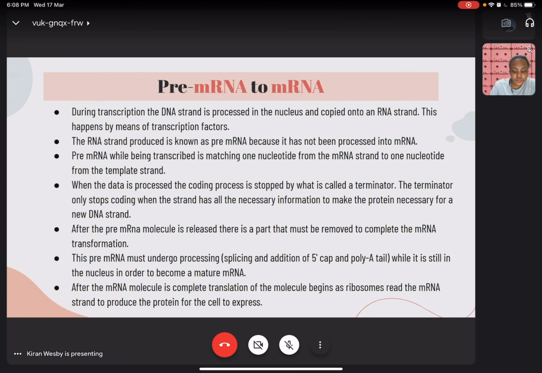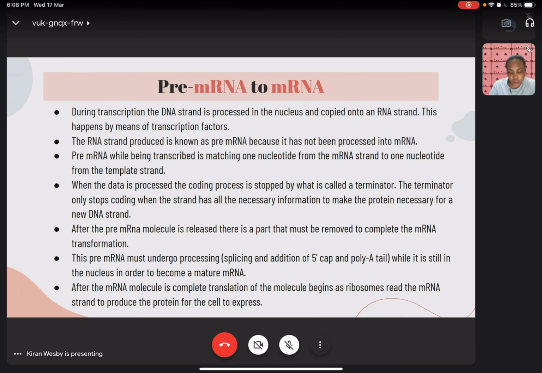That would be like your adenine matching with your uracil, because mRNA strands don't use thymine, they use uracil. So it'd be your adenine matching with your uracil, your guanine matching with its reciprocal, and so forth. It's the same way DNA would work. It's how your mRNA strand would match up with the template strand.